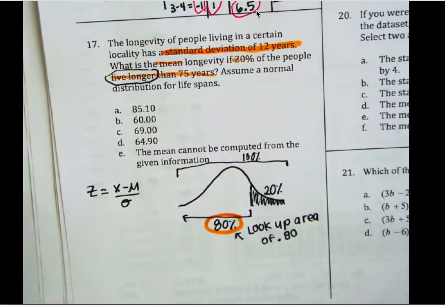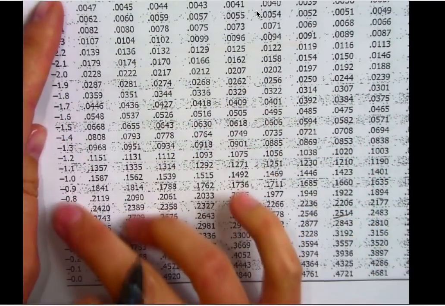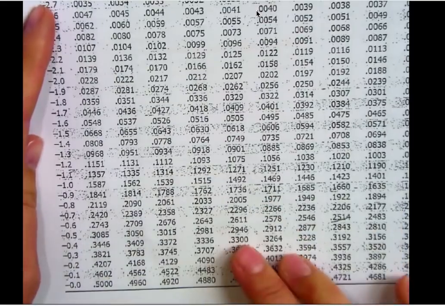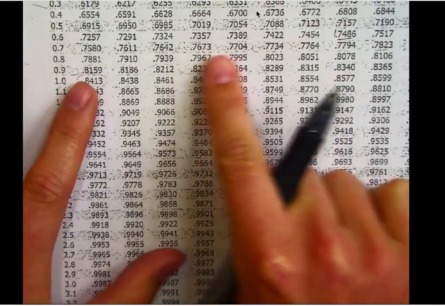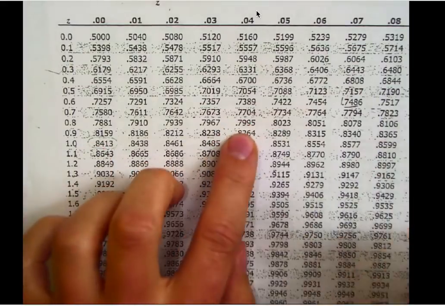So what I do is I grab my table and I look for the area of 0.80. So this is the negative z-score side. So I'm not over here. These are smaller areas. So 0.80, I'm going over here, and it falls right about here.